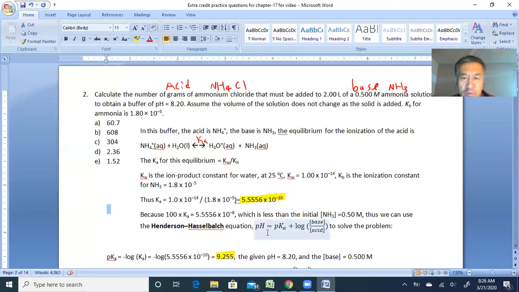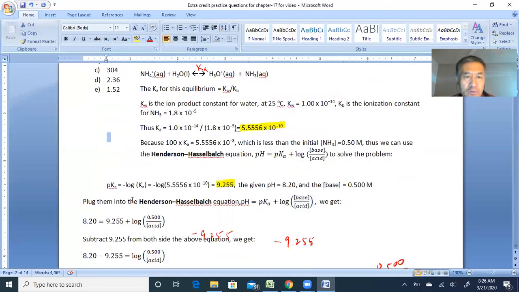So pH equals pKa plus log base over acid to solve the problem. To first find pKa, just use negative log Ka equals negative log of 5.5556 times 10 to the negative 10, which equals 9.255.